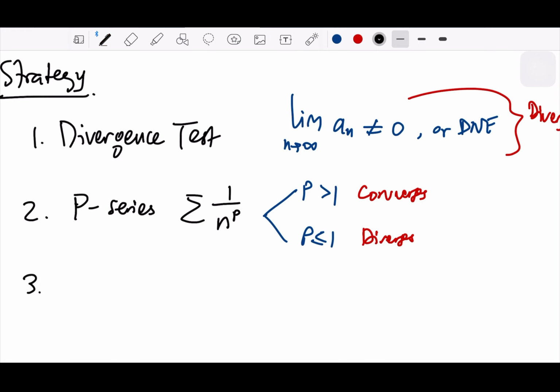And third, if you can see any geometric series. So this is more like a priority, but it also depends on your preference. Usually these 3 cases are the easiest to use.